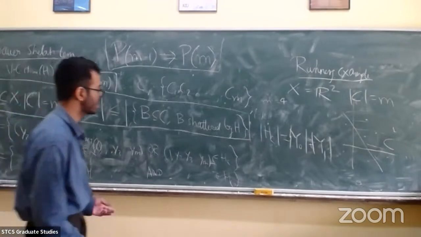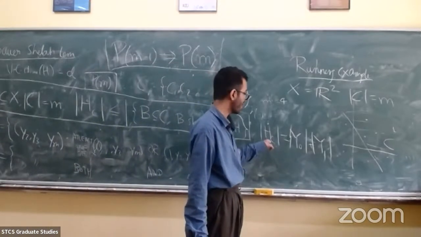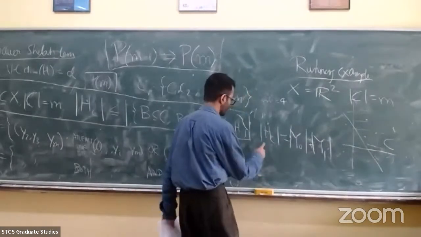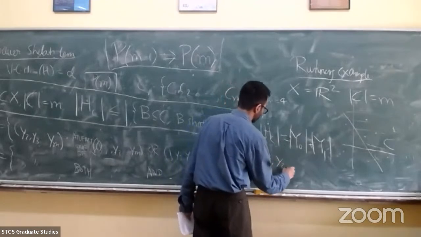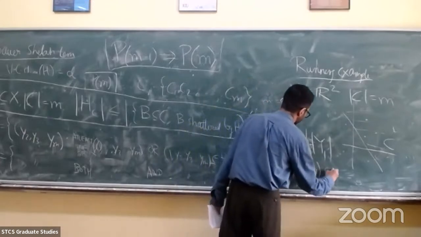The point is simple, right? Any label vector in HC has to be of two types. So let's pick a label vector y1, y2 to yn in HC.